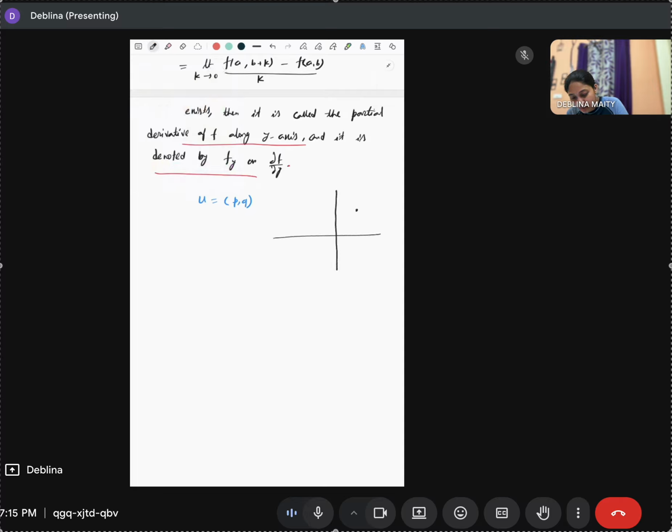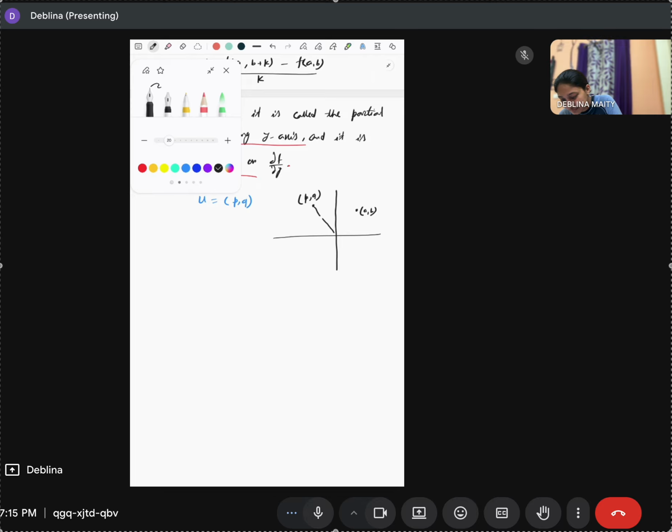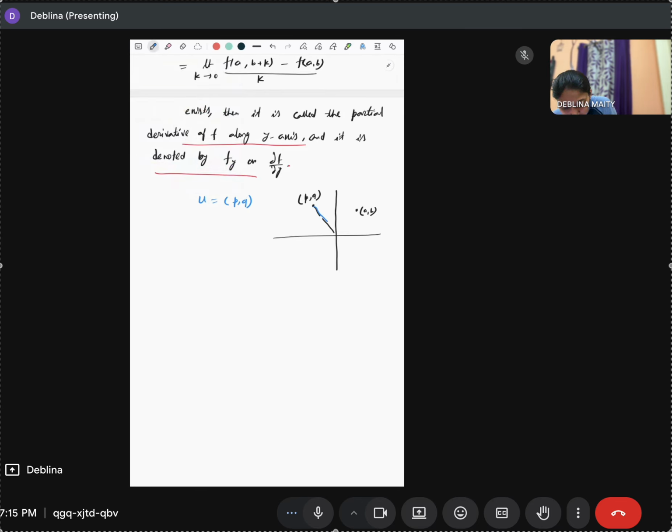So here is our AB point, and we are approaching AB along the direction of PQ, right? So suppose PQ is here. So the direction of PQ is this one. So this is the PQ direction.